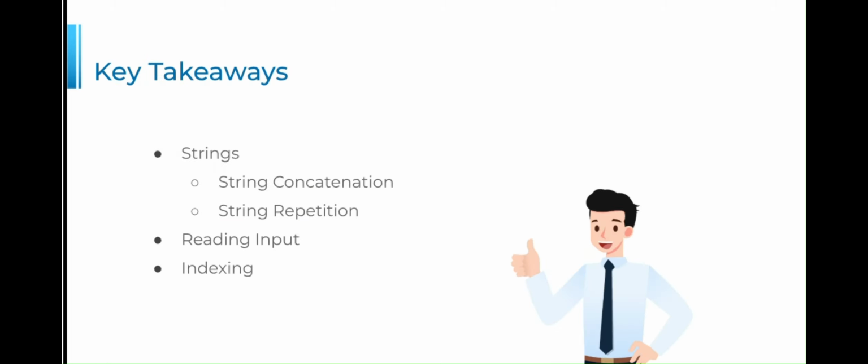Key takeaways. In this section, we have learned what strings are. A string is text represented within quotes. String concatenation means adding multiple strings in a single place, giving the output as a single word. String repetition means repeating a string multiple times. For example, a string Venu multiplied by 10 prints Venu 10 times.